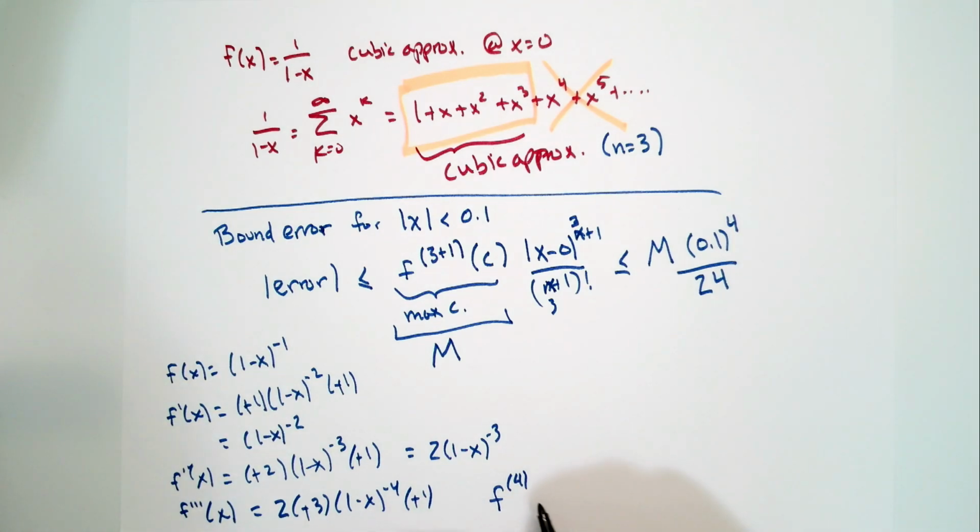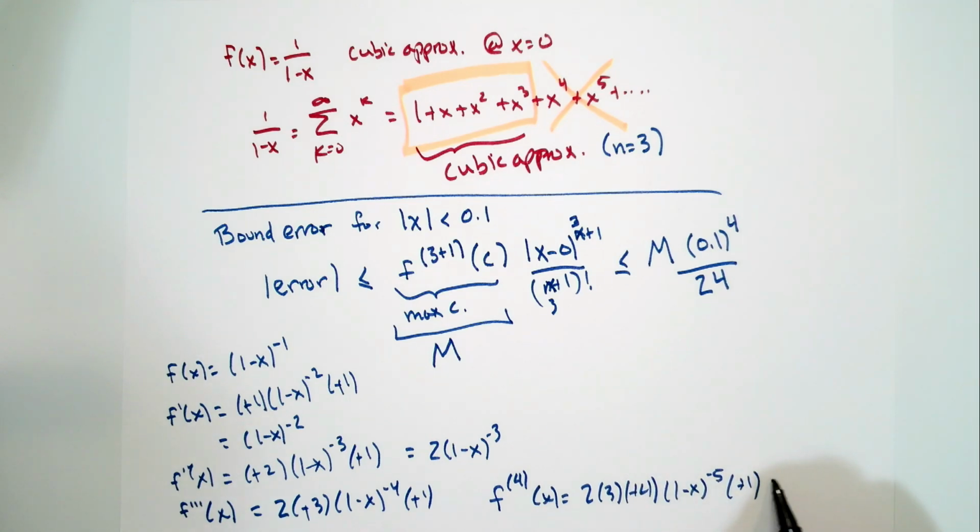So what happens? We have the 2, and then the 3, then the minus 4 comes down, 1 minus x to the minus 5, multiplied by the inside minus 1. Those minuses cancel. And so what we have is 24 divided by 1 minus x to the 5th. Okay, now what happens here?